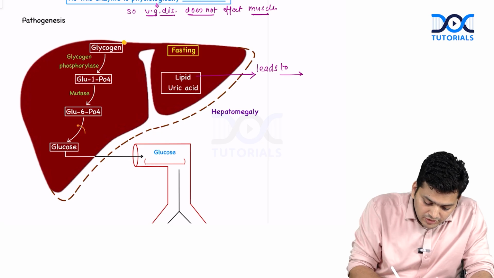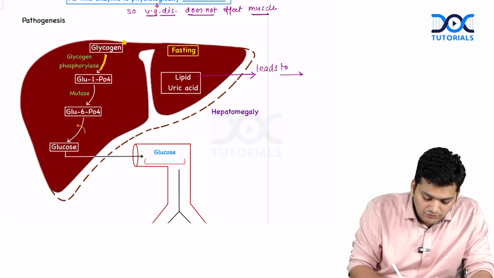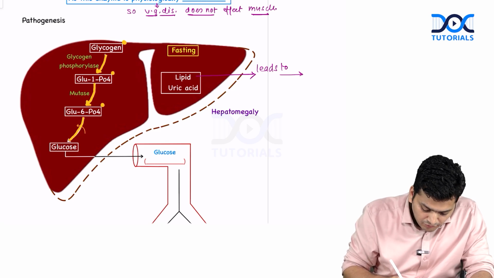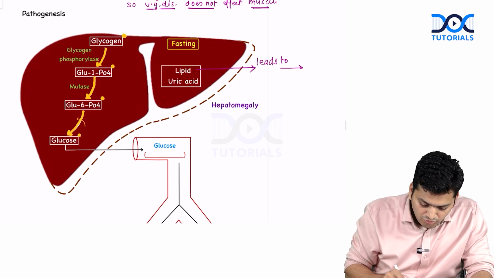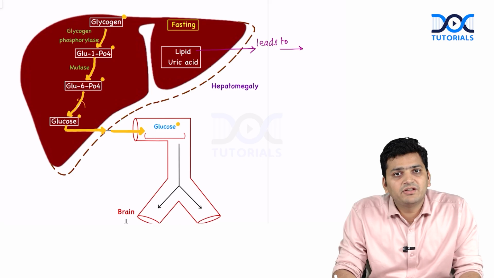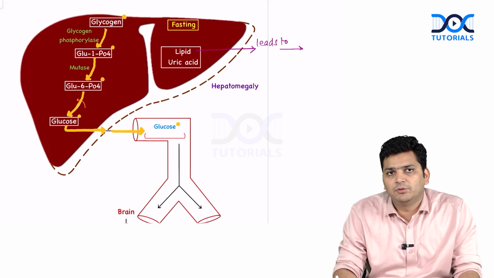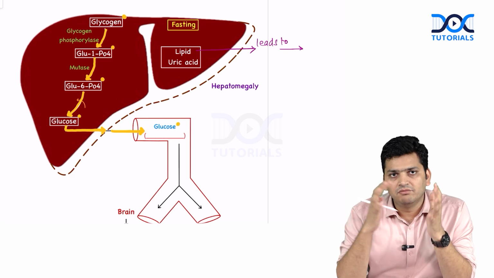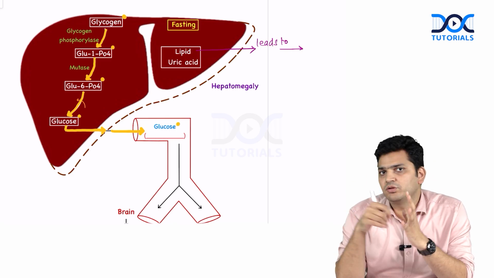With the help of enzyme glycogen phosphorylase, we generate glucose 1 phosphate that will convert into glucose 6 phosphate, that will convert into glucose. And now this glucose molecule can easily come into the blood and maintain the blood glucose level. So normally in the fasting state, the child does not go into hypoglycemia, because the liver glycogen will be cut, will generate the glucose and that glucose will come out.